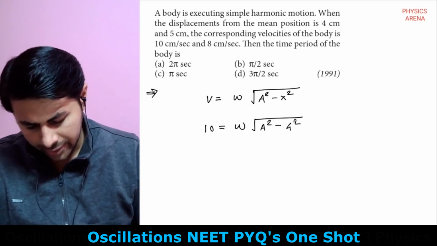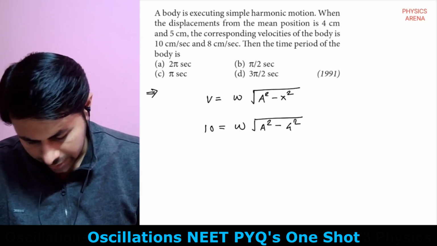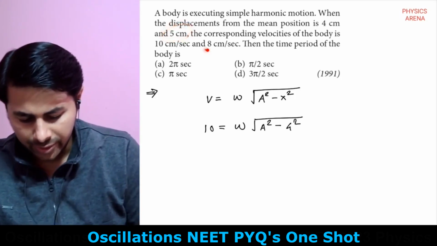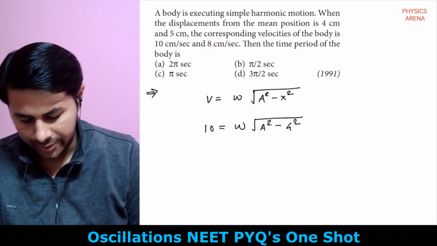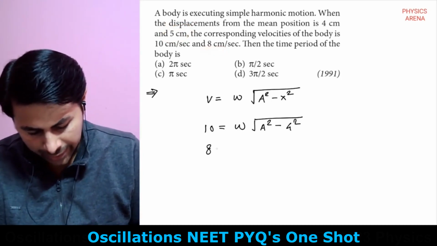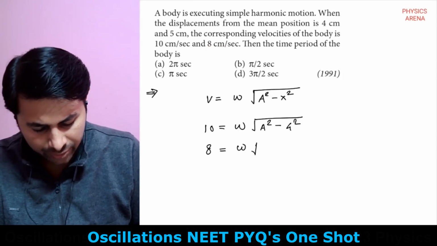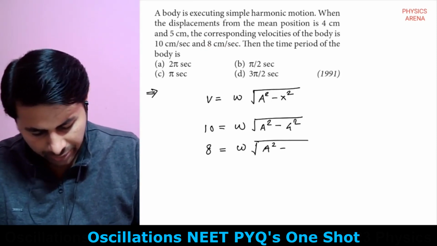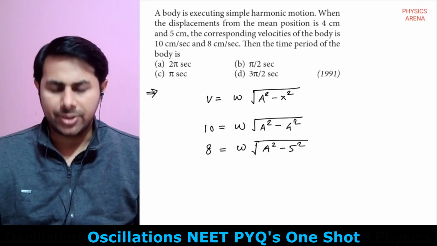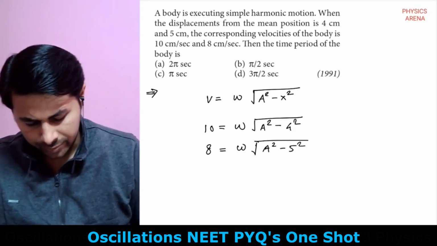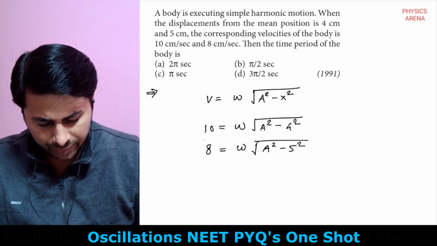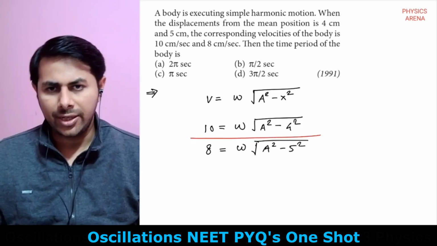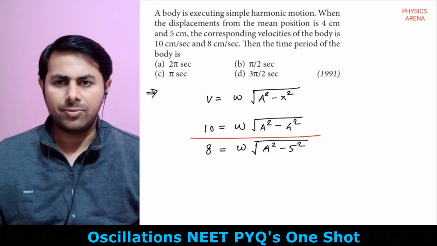And then using the other information, when x is 5, v is 8, right? So 8 is equal to omega square root of a square minus 5 square. We get these two equations. Okay, so we can divide these two, cancel out omega, find out a, then substitute a to find out omega.